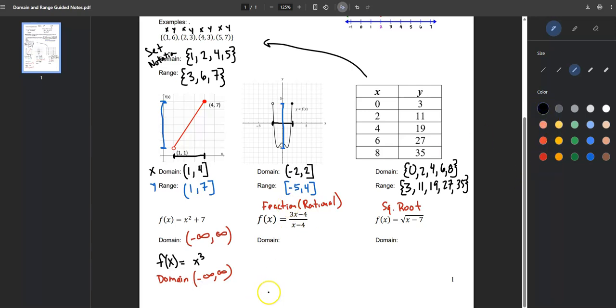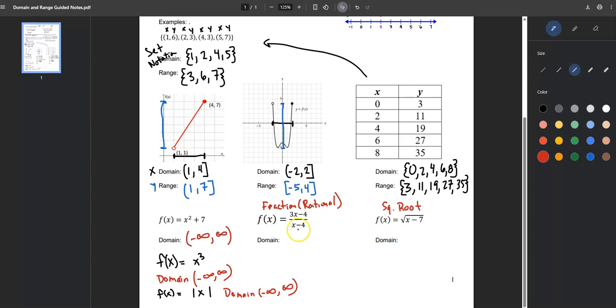Same thing if I had, let's say, f of x equals the absolute value of x. Well, what's the domain? Domain is going to be negative infinity to infinity because there is no restriction or problems with plugging x values in. And remember, x is what I'm plugging in for that, okay?